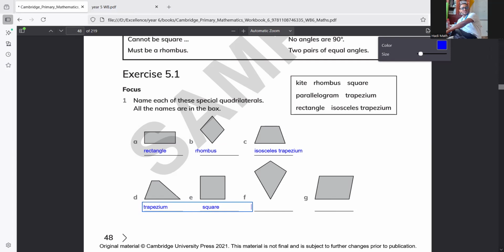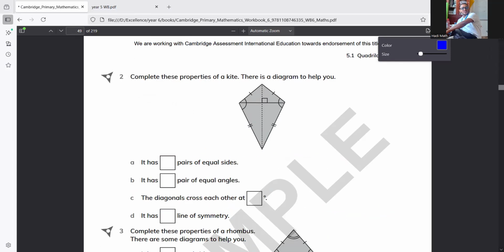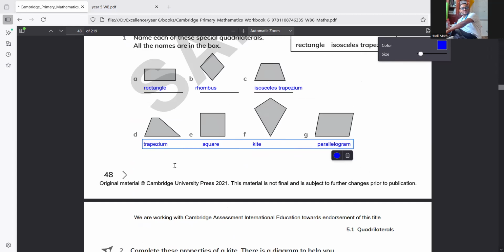F is a kite. And G is a parallelogram. So these are the names of these seven quadrilaterals.